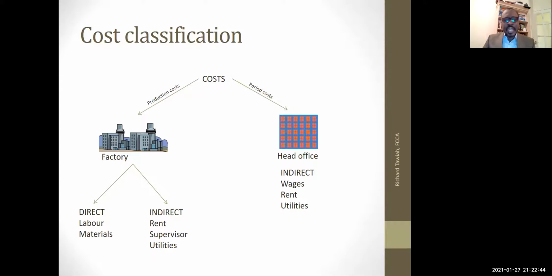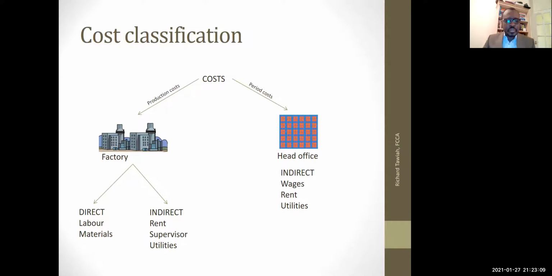But those ones which are time-specific, which are normally written off into the profit and loss, are the period costs. You usually find out that most period costs are indirect, and they are usually incurred by the head office. So talk of the wages, the rent, the utilities, audit fees, okay, all of these are period costs which are incurred within a particular time frame.